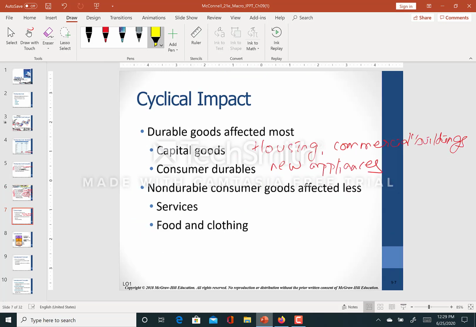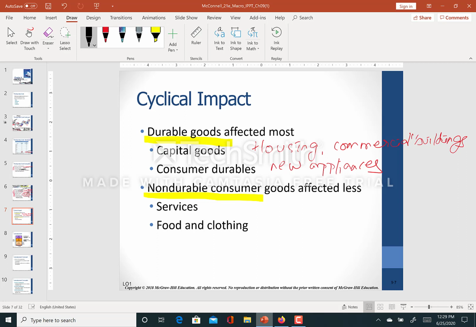Now let's look at the impact of these cyclical fluctuations. In our daily lives, we need durable goods, we need non-durable goods. Examples of durable goods are capital goods, for example housing, commercial buildings and heavy equipment. We can also look at consumer goods.